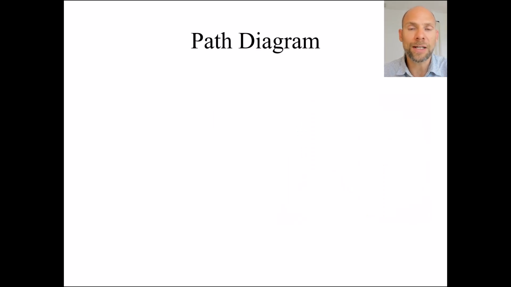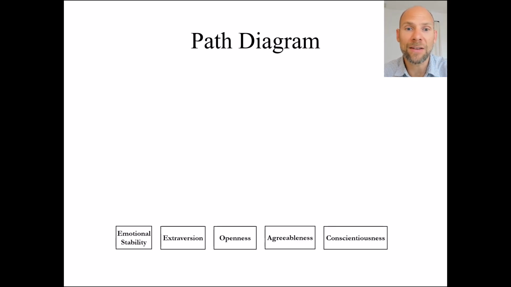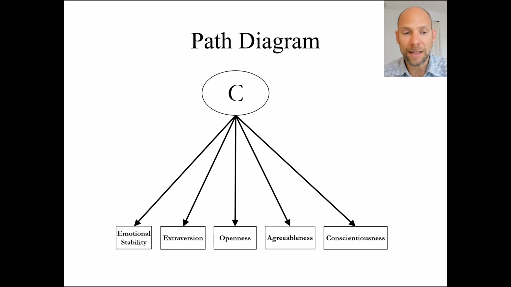We can illustrate latent profile analysis in a similar way as a factor model, with a path diagram and indicators in boxes. Here, for example, I have 5 indicators that are the subscales of a questionnaire that measures the big 5 personality traits: emotional stability, extraversion, openness, agreeableness, and conscientiousness.